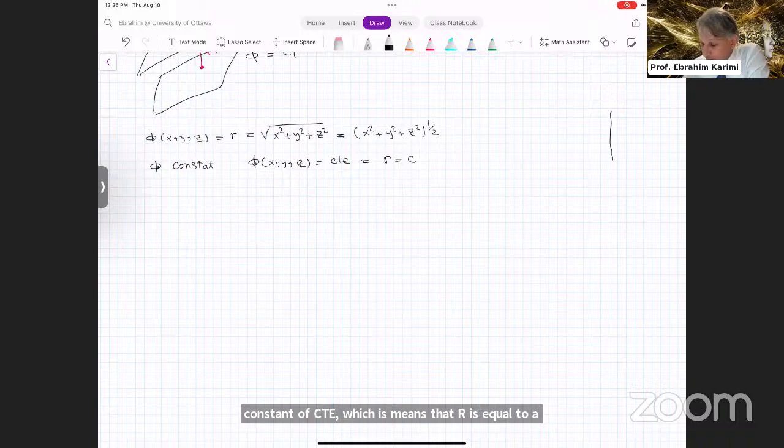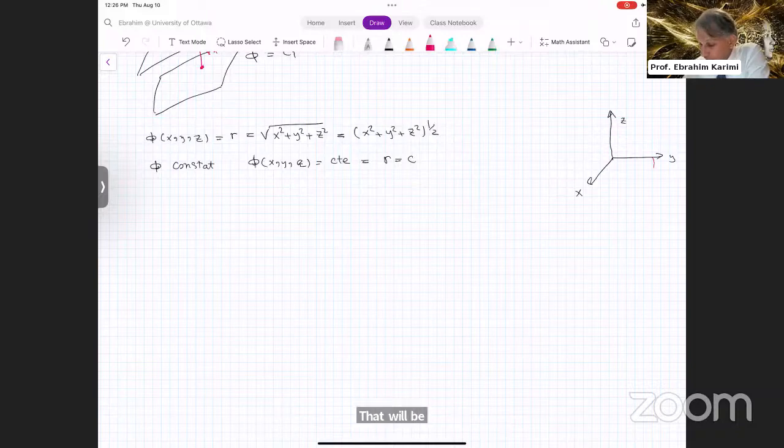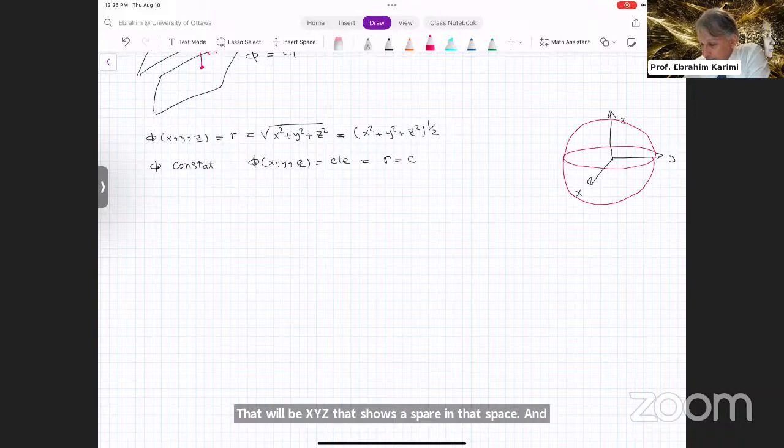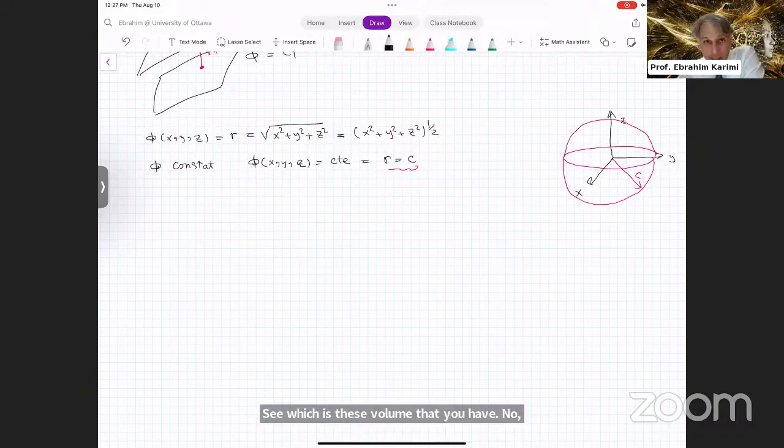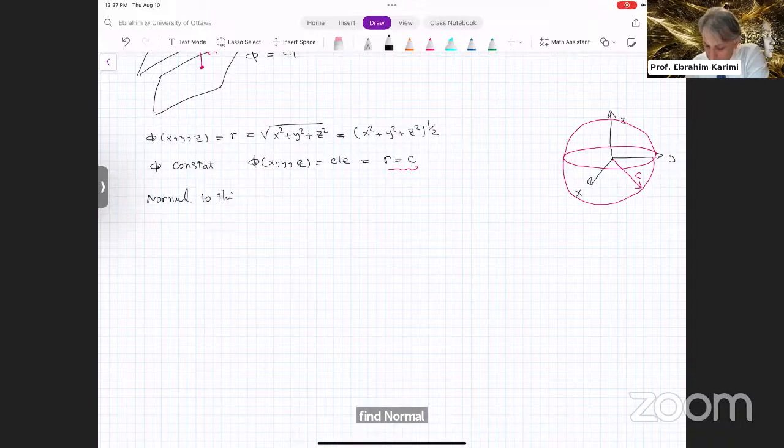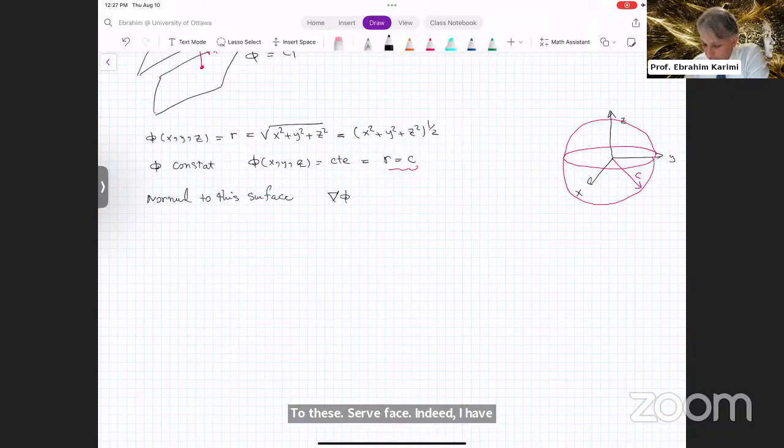If you plot this in three-dimensional space, x, y, z, that shows a sphere in that space, and this sphere has a radius of c. Now I am asking what is going on with the normal to this surface, how to find the normal to this surface. Indeed, I have to calculate the gradient of phi.